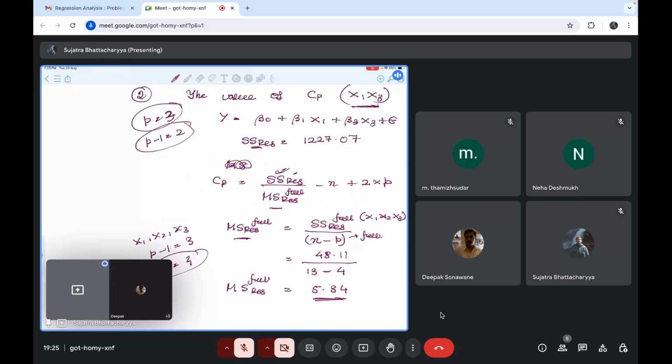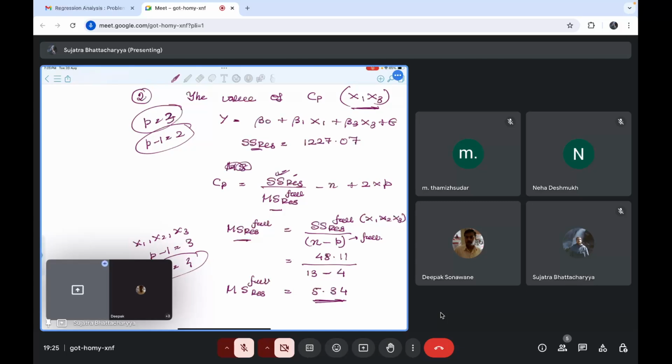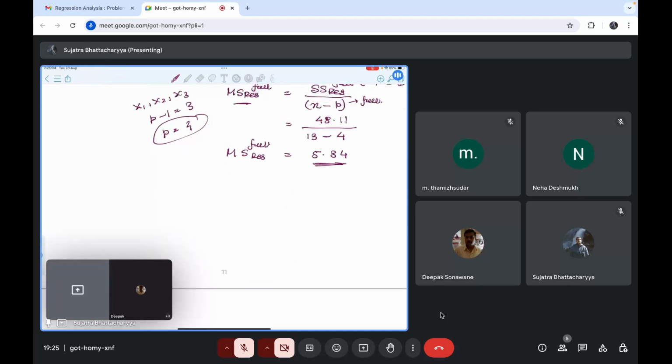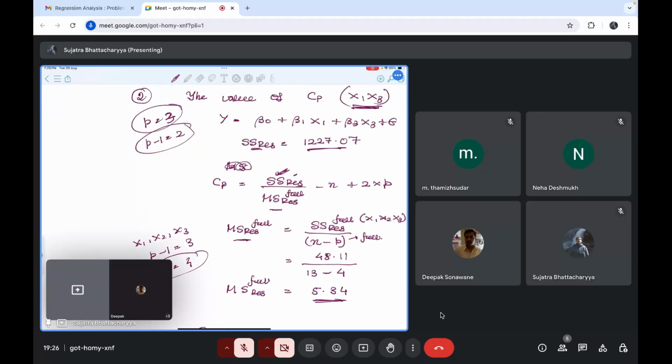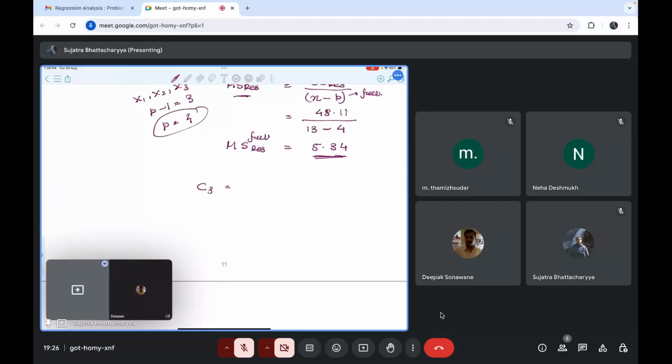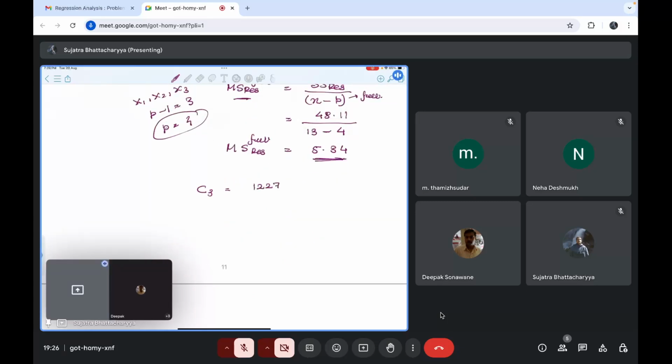Whatever SS residual for this x1, x3 model is 1227.07. Let us put it. So Cp of 3, because we are calculating for this, is 1227.07, that is SS residual for the two regressor model, divided by MS residual for the full model, 5.34, minus 13 plus 2 into 3.